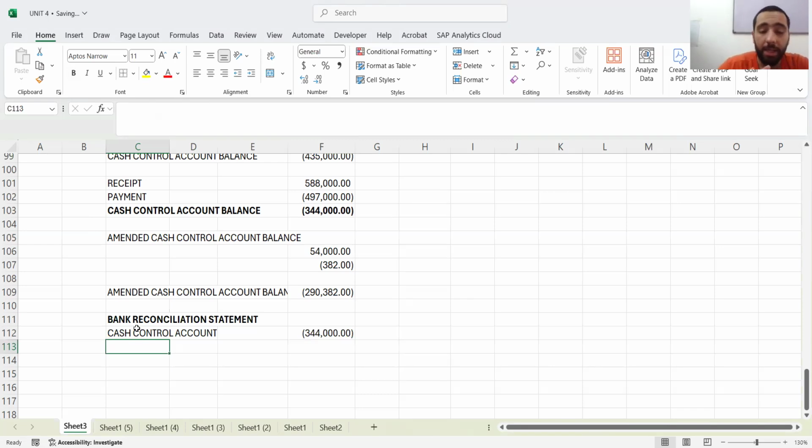There are three things that are in the receipt and payment journal, or known as the cash control account, but not in the bank statement. What are those three things? Well, I need answers.